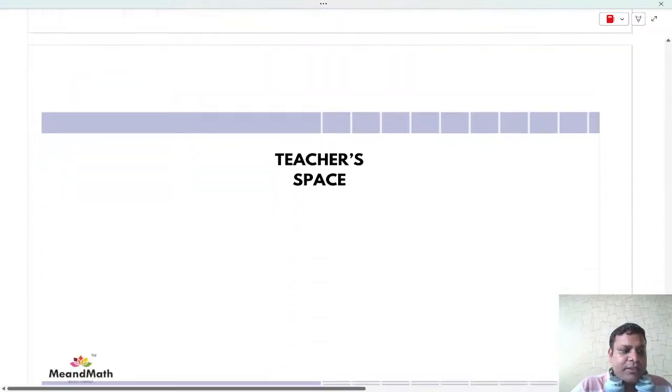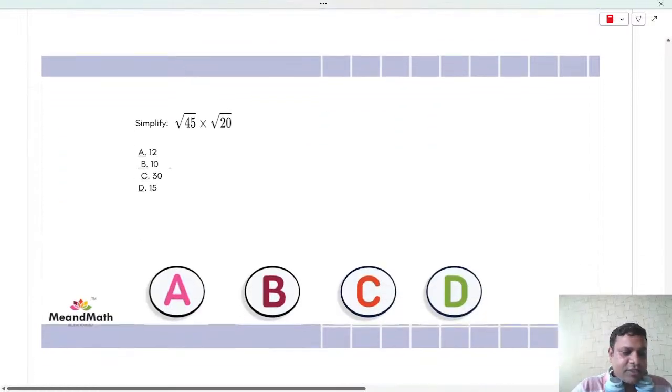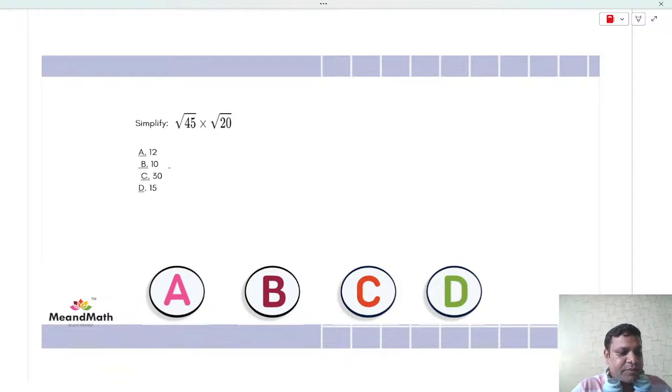Okay. Now the last question of the session is, you have to simplify root 45 and root 20. Root 45 and root 20, you have to simplify this. So just give the answer here.